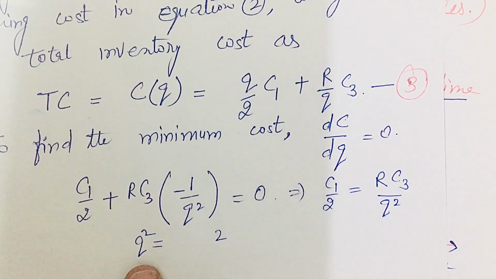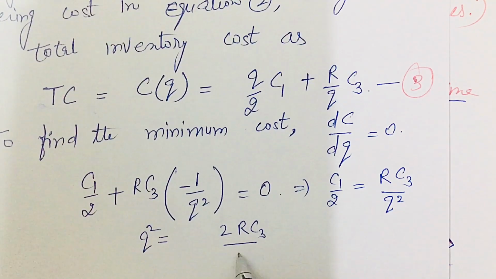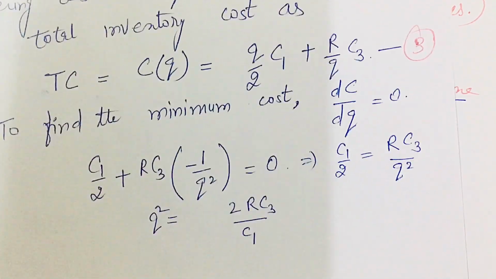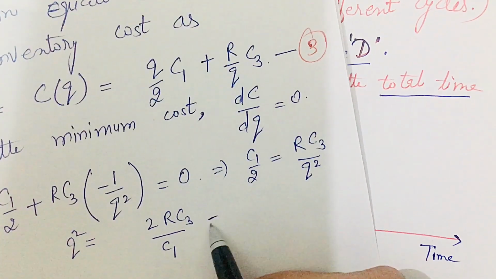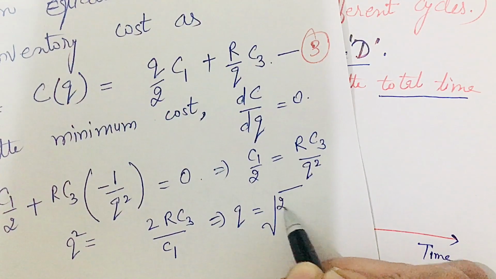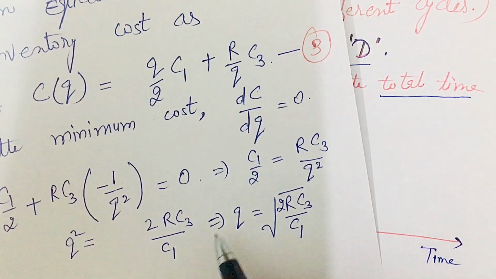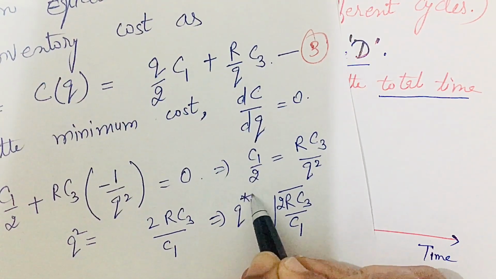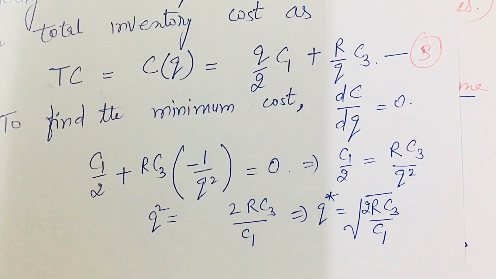Now Q square is equal to 2 into R into C3 upon C1. So Q is equal to square root of 2 into R into C3 upon C1. This is the optimal ordering quantity. Therefore, we can put an asterisk or star on the Q.